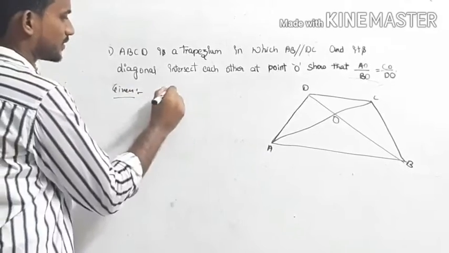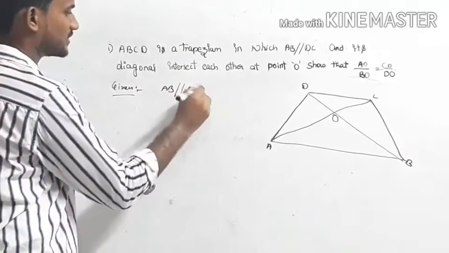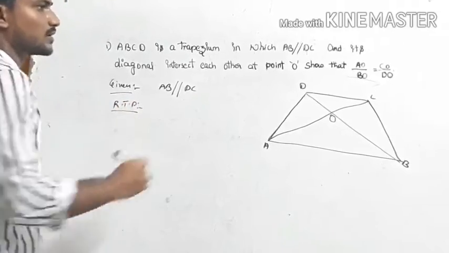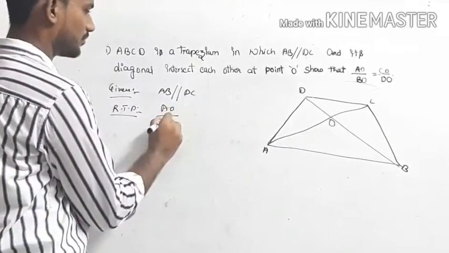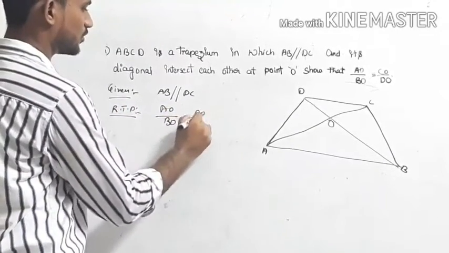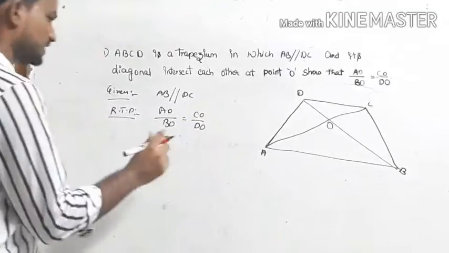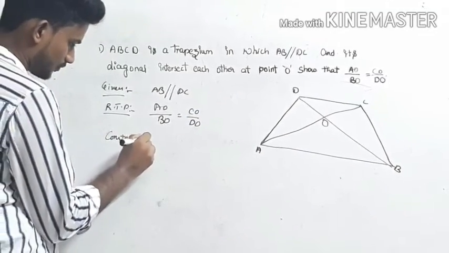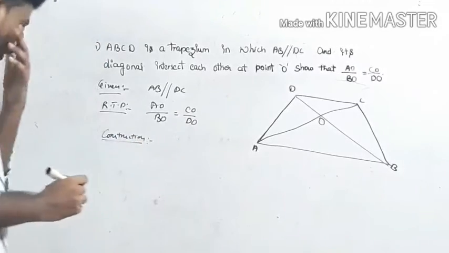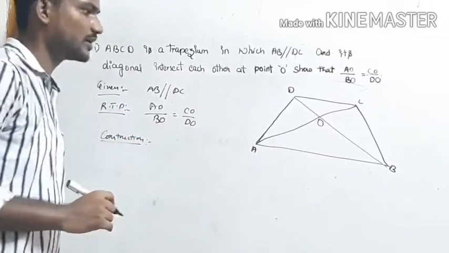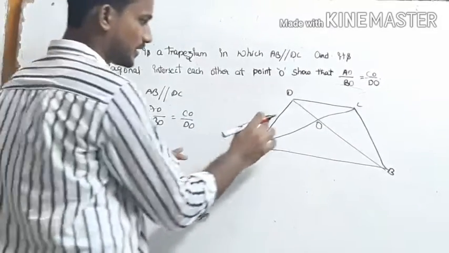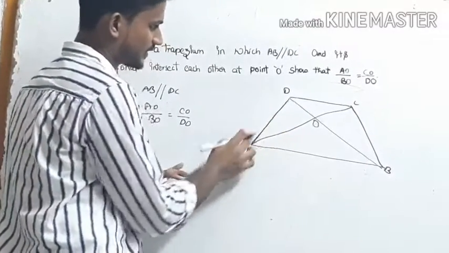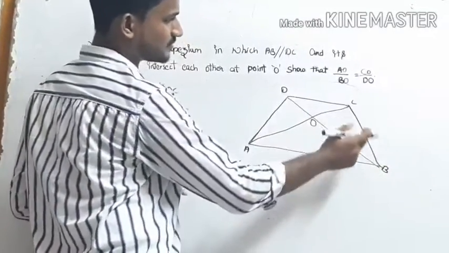First we write the given: AB is parallel to DC. Required to prove: AO by BO equals CO by DO. Construction: to find AO by BO equals CO by DO, we want another vertex on the AD side and BC side.